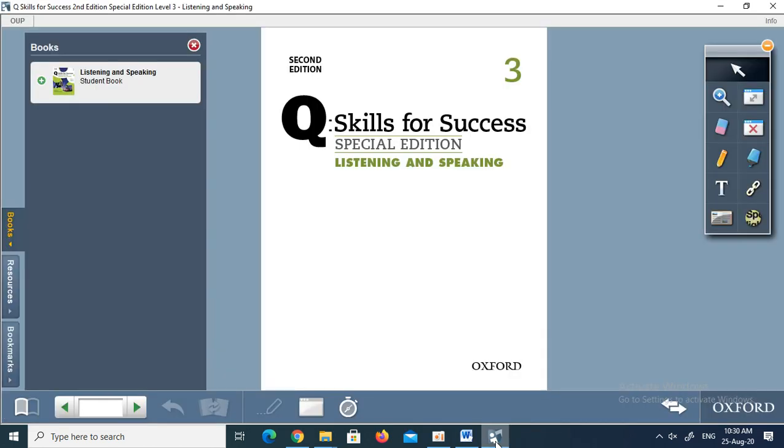Okay, if you've got the textbook in front of you, it should read on the front cover, Q Skills for Success. In the top right-hand corner, there will be the number 3. It should say Listening and Speaking, not the reading and writing book. It has to be the listening and speaking book for my lesson. And it will be a green color.